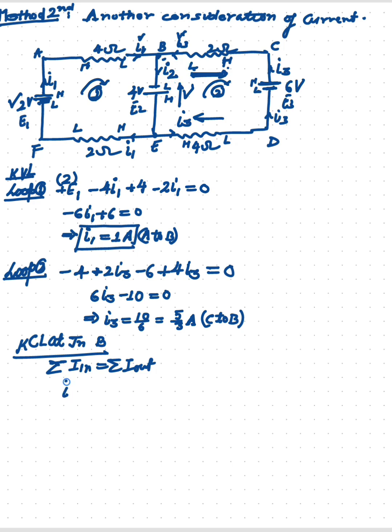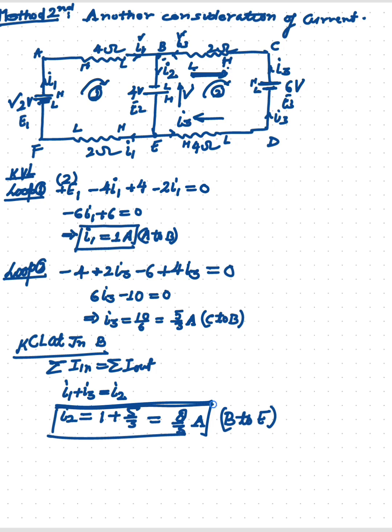So I1 plus I3 equals I2. We have to calculate I2, so it's simple. I2 equals I1, which is 1, plus I3, which is 5 by 3. So this is 8 upon 3 ampere, and this is also positive, that means we have assumed the correct direction. So its direction will be B to E. So this is the I2 current.